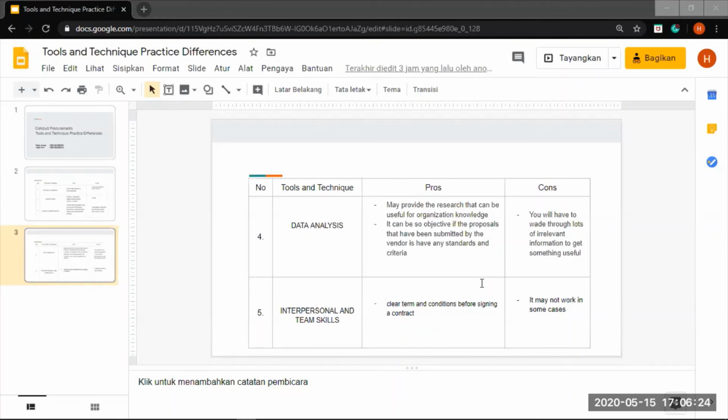Procurement negotiation clarifies the structure, rights, and obligations of the parties and other terms of the purchase, so that a mutual agreement can be reached prior to signing the contract. The pro of this tool is clear terms and conditions before signing a contract. And the con is that it might not work in some cases.